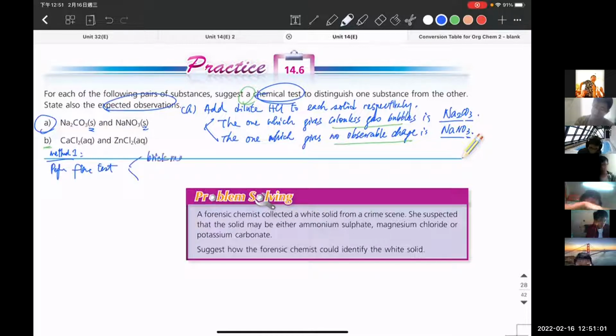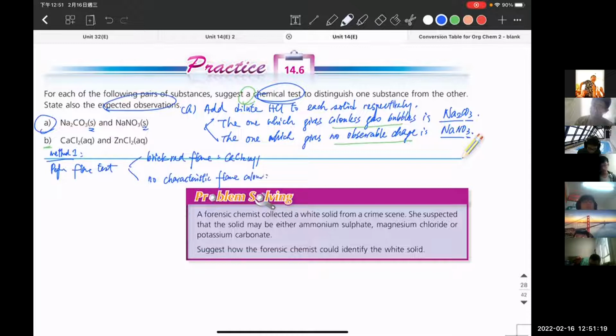Bright red flame, I know it's calcium ion. But how about the others? No characteristic flame color. Okay, no characteristic flame color, which is zinc chloride.